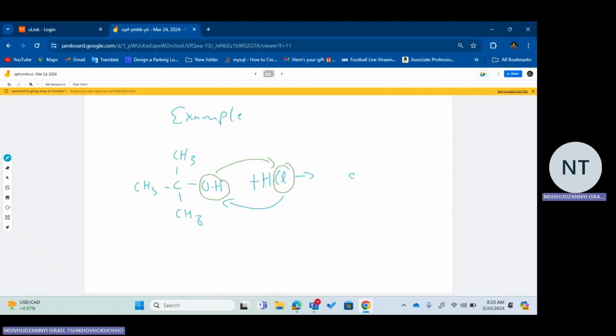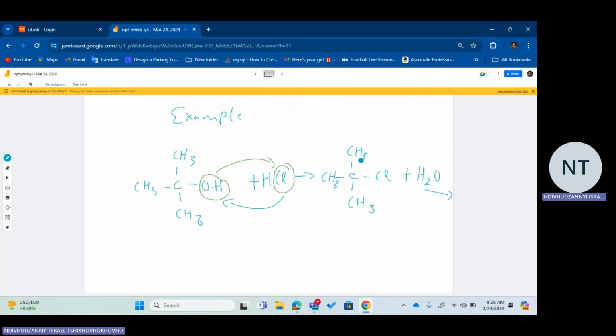So we're going to form CH3, CH3, CH3, Cl to form H2O. So you can see that it's still a saturated compound and we formed water.